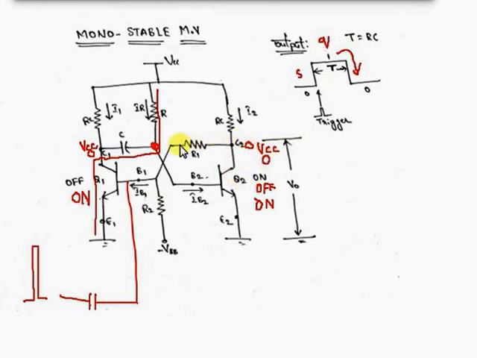Now the output voltage, the collector voltage of Q2, is 0. That 0 appears directly at the base of Q1, so transistor Q1 is in the off state. Due to this, the voltage at the collector terminal of Q1 comes back from 0 to VCC.